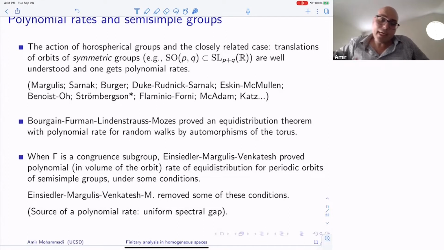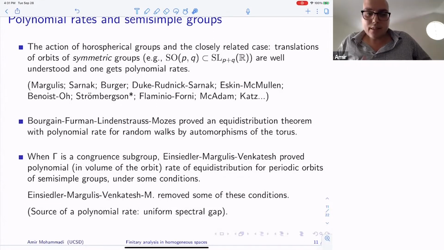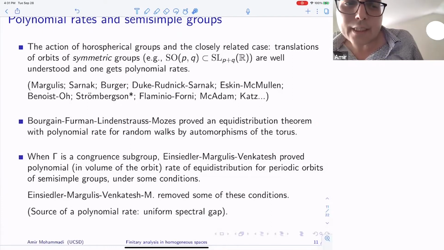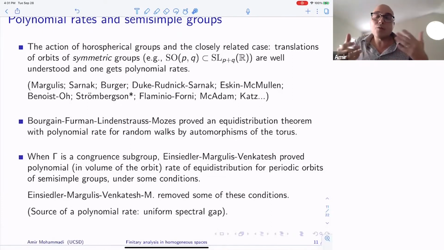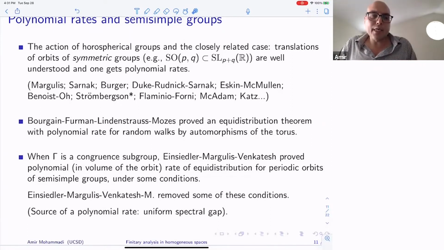One other important case, which goes back already more than 10 years, is when you look at periodic orbits of semisimple groups and you assume your gamma to be a congruence subgroup. Here, we don't use automorphic techniques, but some input from the theory of automorphic forms is crucially used to give effective results.